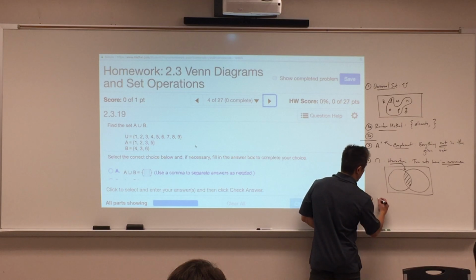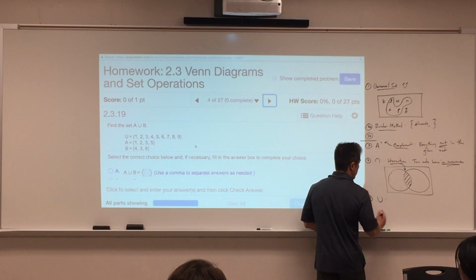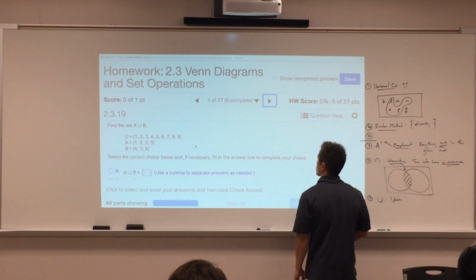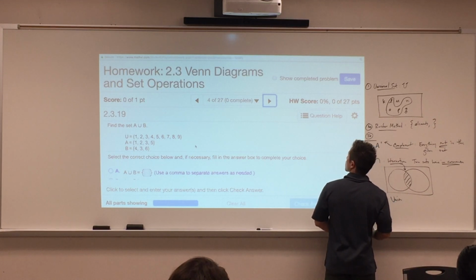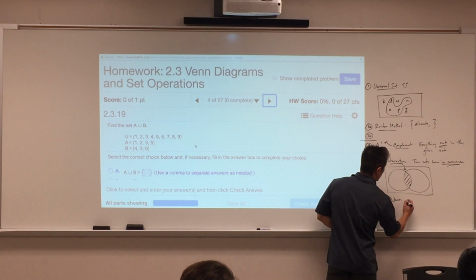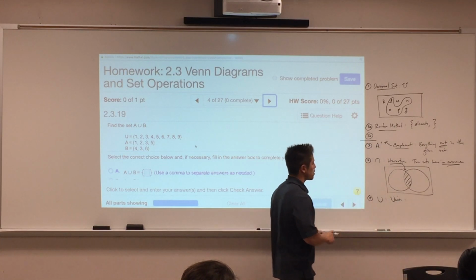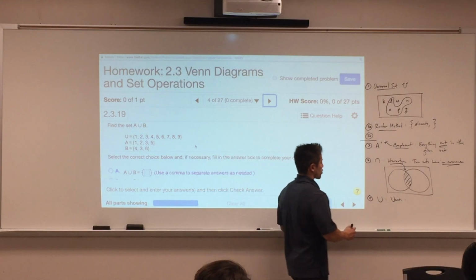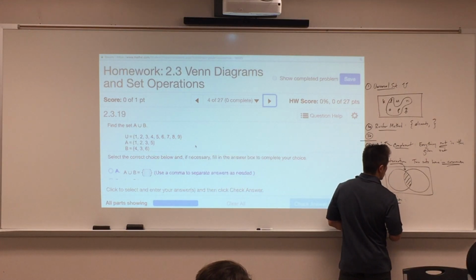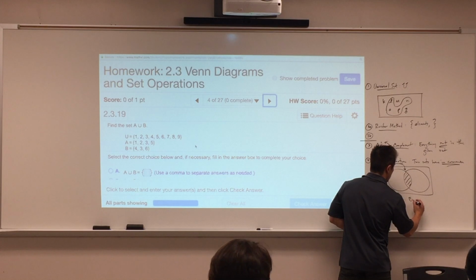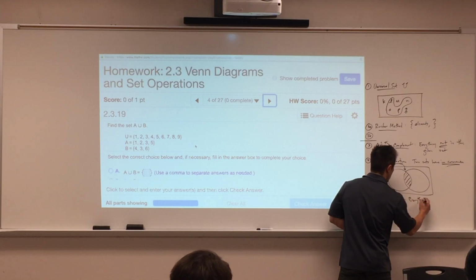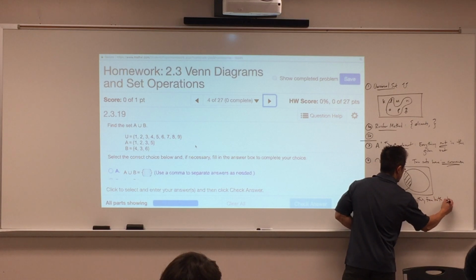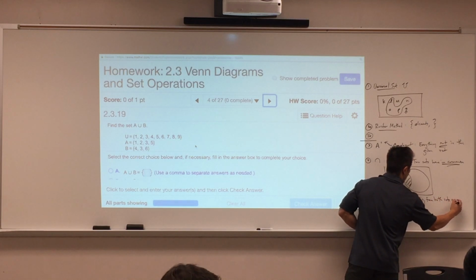And so let's take a look here. The U symbol is known as the union. So the union represents everything from both sets combined.